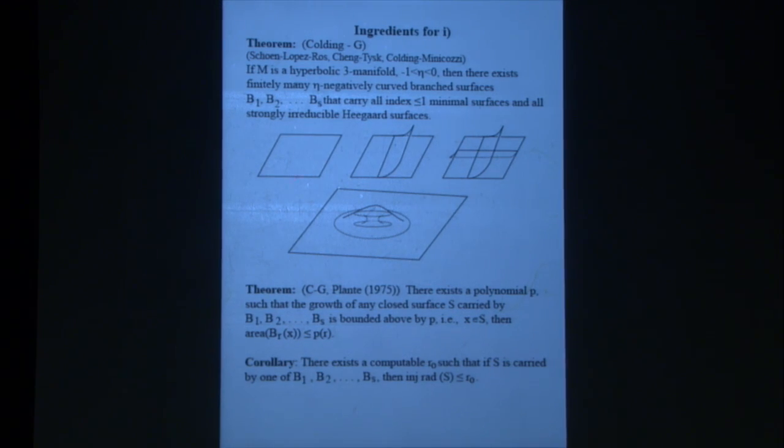So these are just smooth surfaces glued together smoothly. Eta negatively curved means that if you have a little surface carried by the branch surface, lying close and tangent to it, then its intrinsic curvature is eta or less. So you can think of it as almost -1 or more curved.